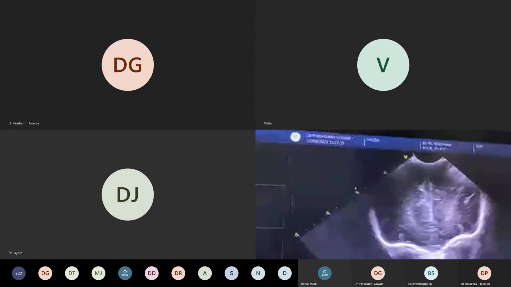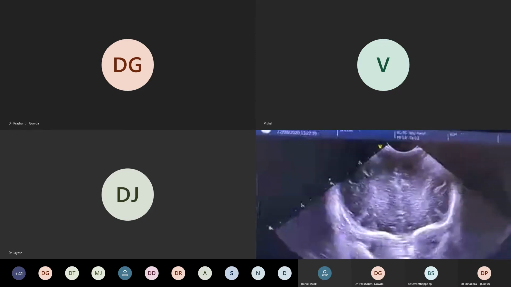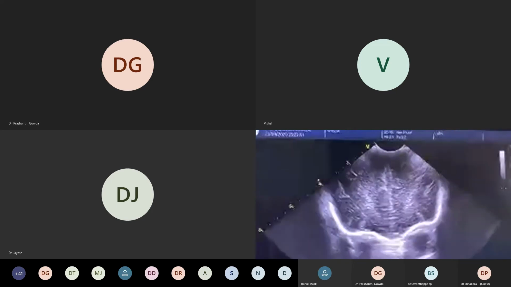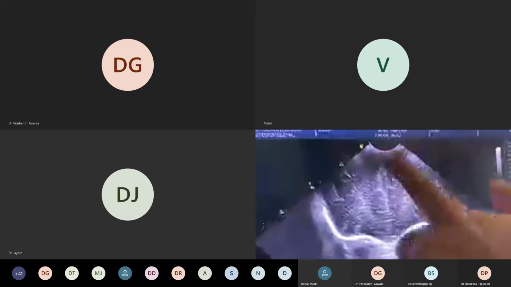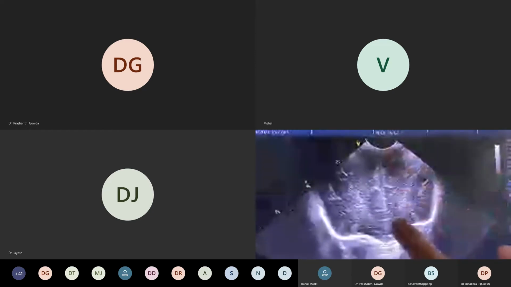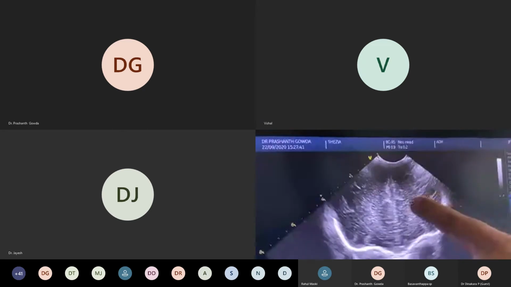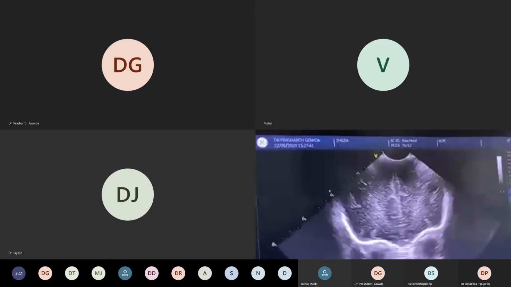I'm trying to adjust the gain, so this is the first image which we have taken. You can see here, this is a touch screen, so I'm just trying to do it in far. This is your skin layer, skull, interhemispheric fissure, your frontal lobe.